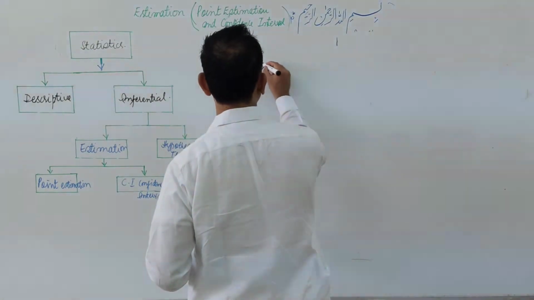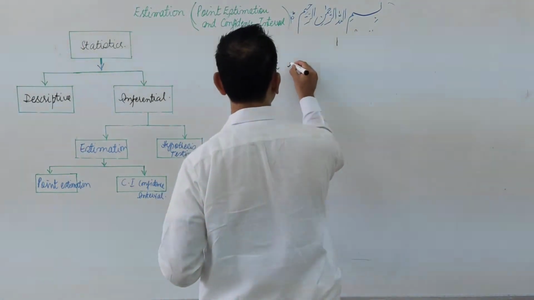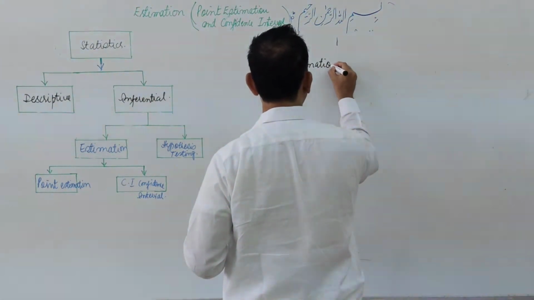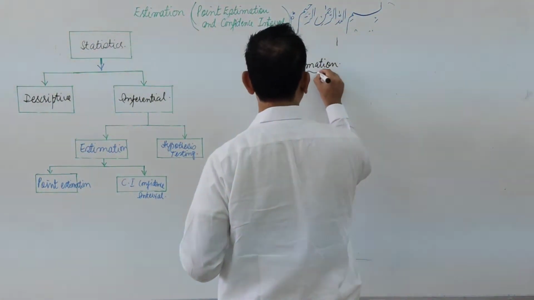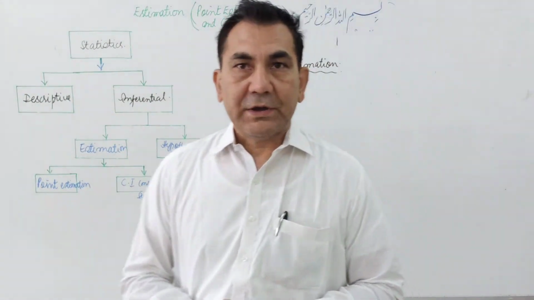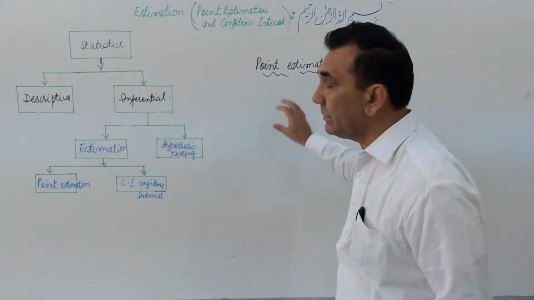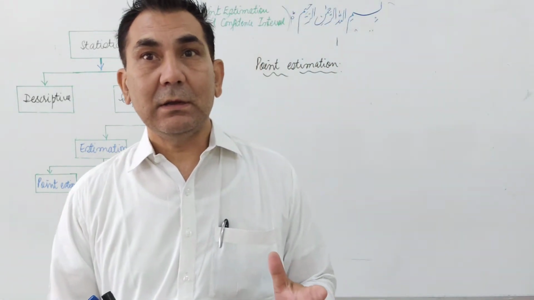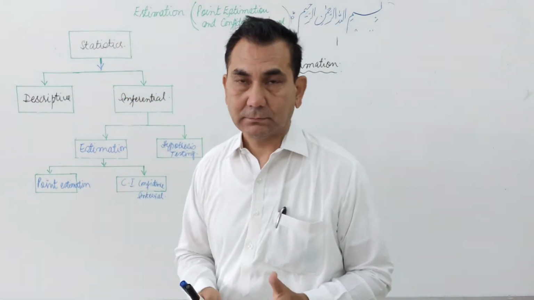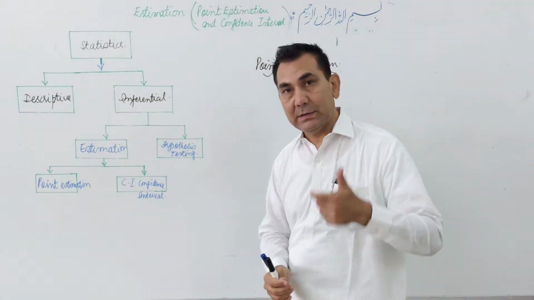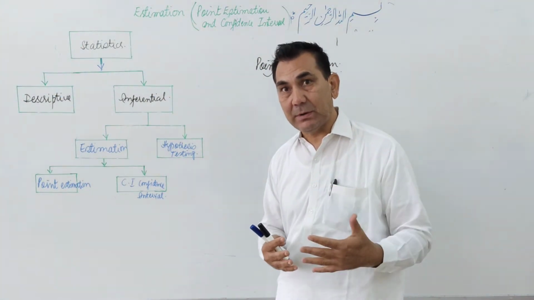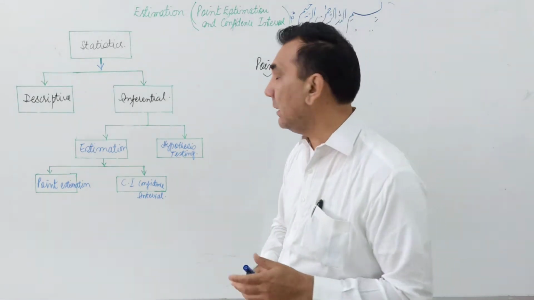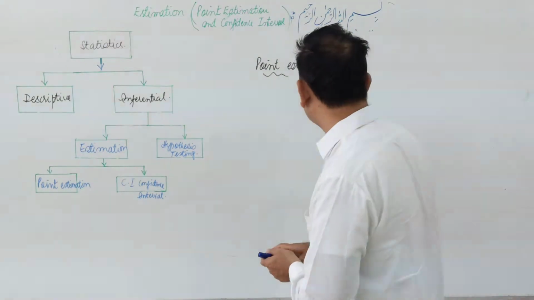Point estimation is a single value which estimates the population parameter, or the population characteristic.